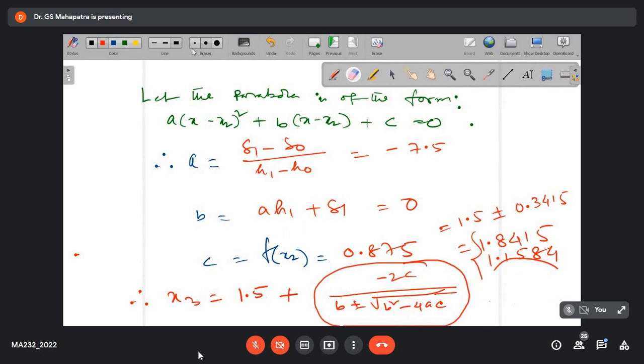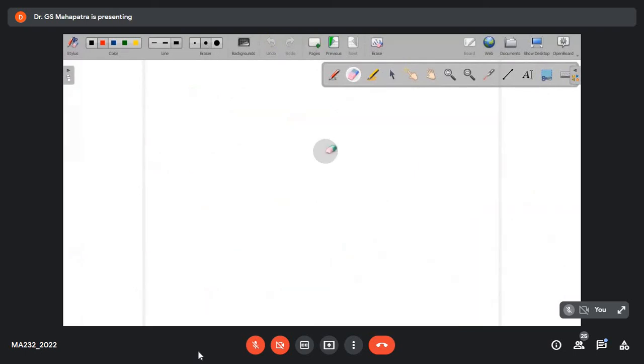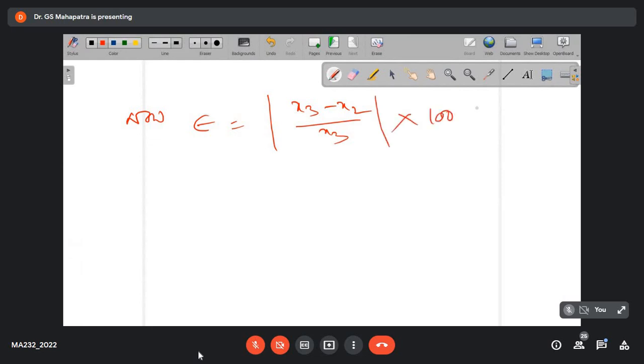So now we have to find the epsilon. Fine. So next one is the next page. Now find epsilon. What is the answer? Epsilon is x3 minus x2 by x3 into 100%. So what is the answer?